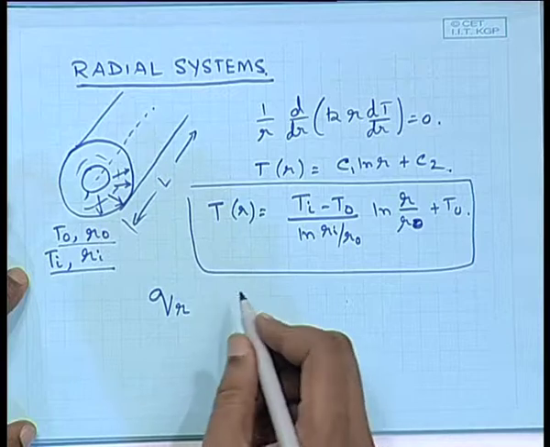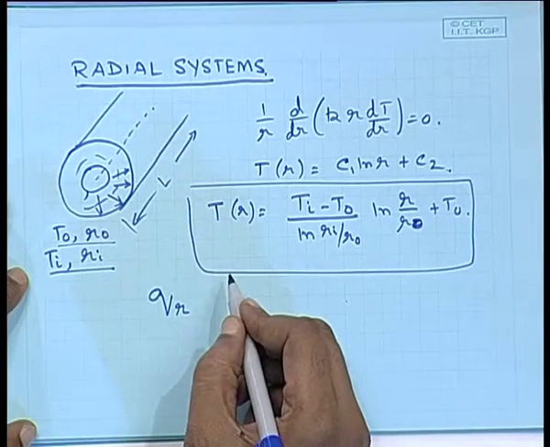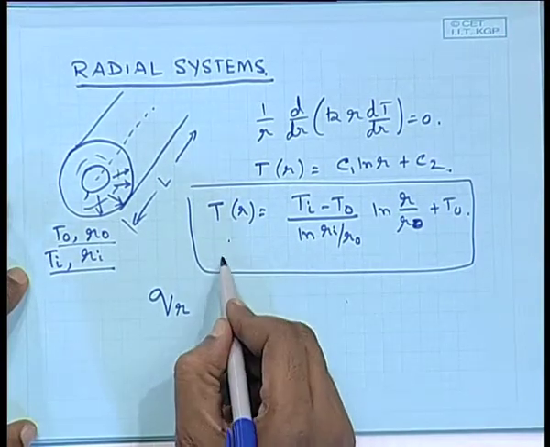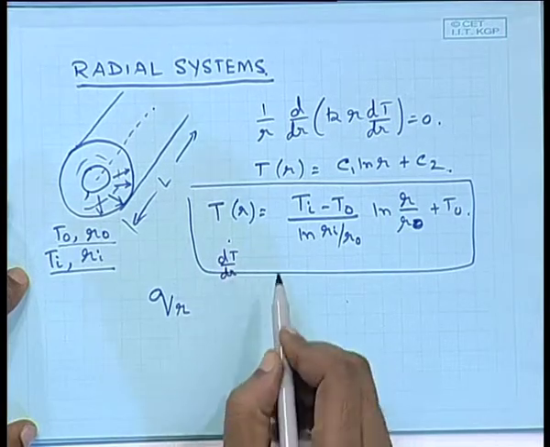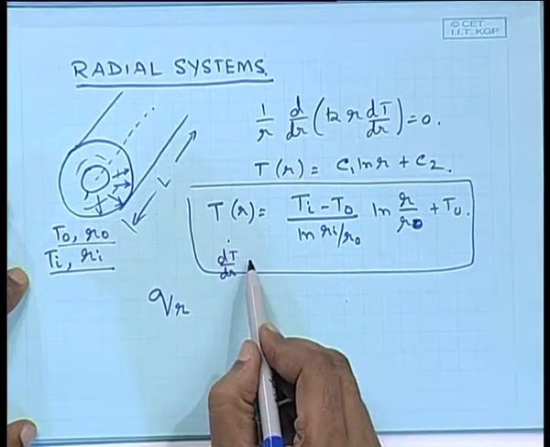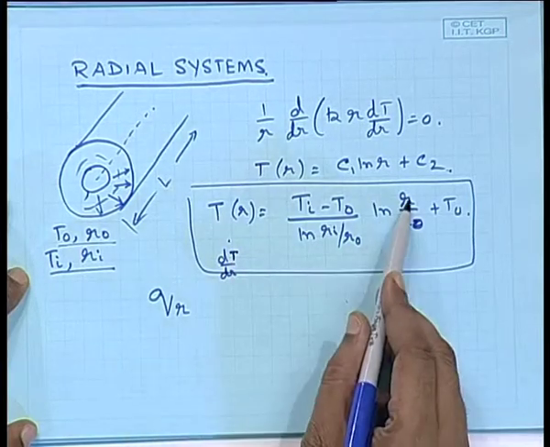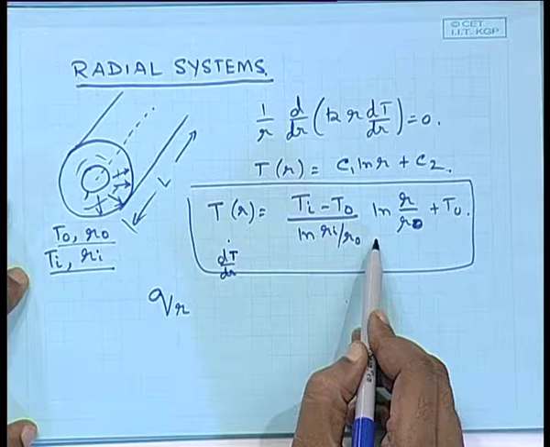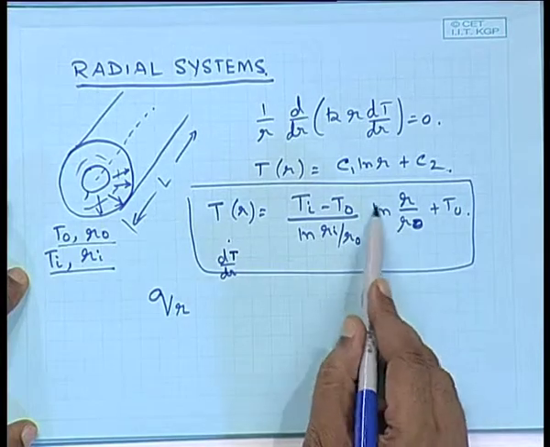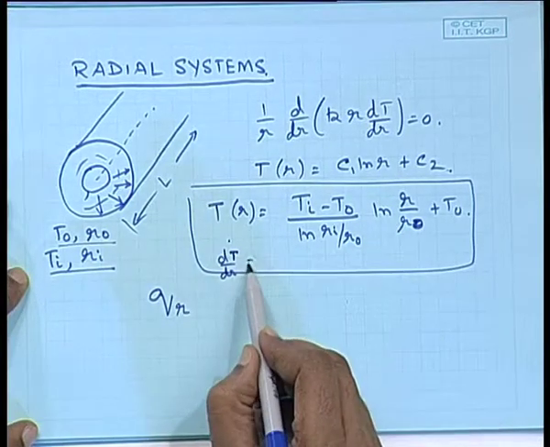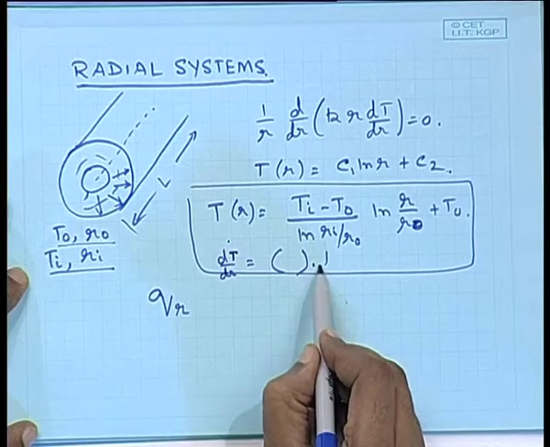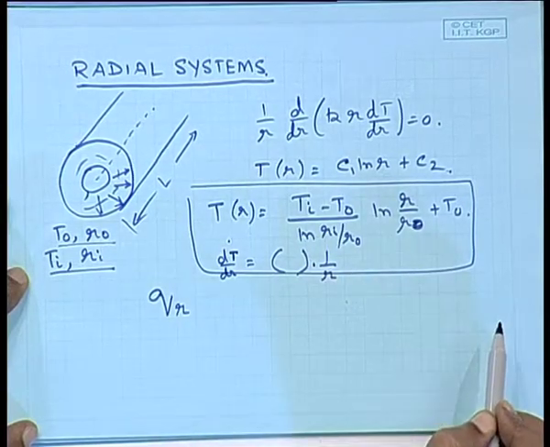So, I can write using Fourier's law from here what is the value of dT/dr. From here I can find out what is dT/dr, and you can see that if I write dT/dr from here, I am going to get a 1 by r because of the presence of the ln term. So, dT/dr would be something multiplied by 1 by r, okay.